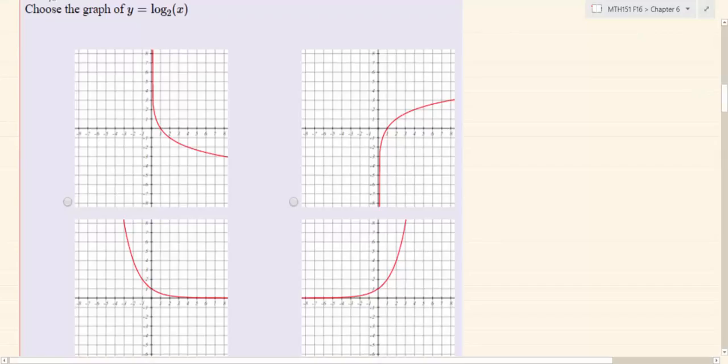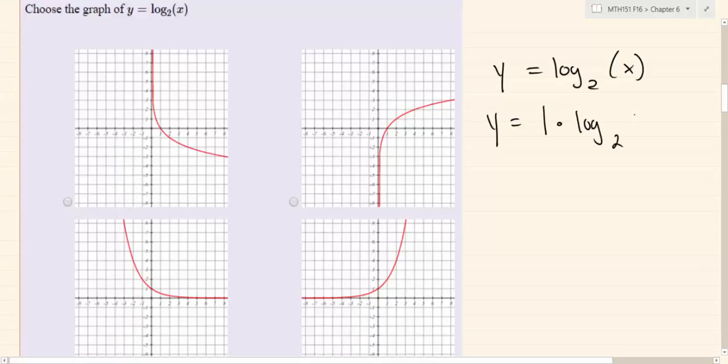So here is the graph of y equals log base 2 of x. Another way to write this would be 1 times log base 2 of x. So that means that a is equal to 1, b is equal to 2. So plot the 2 points.